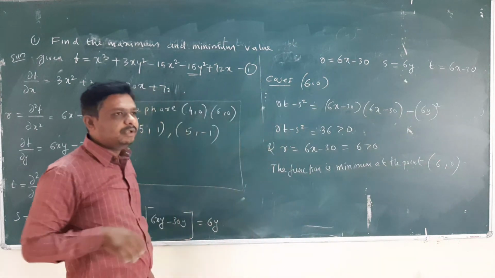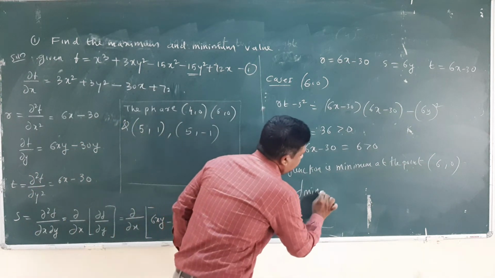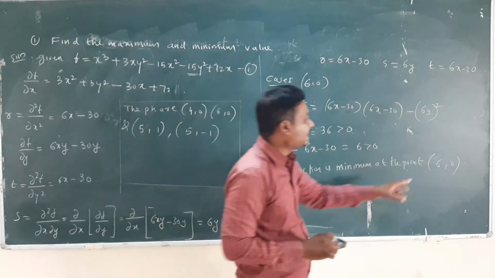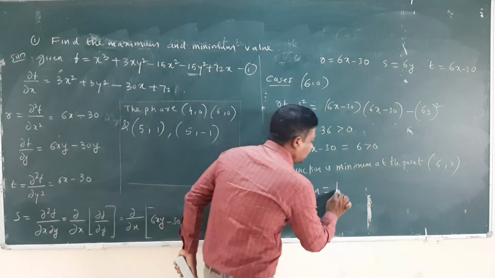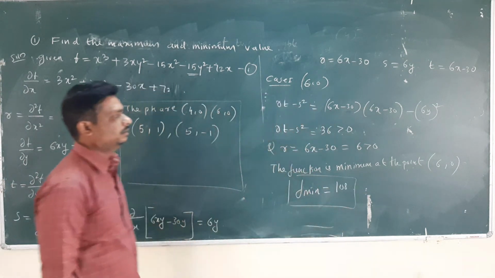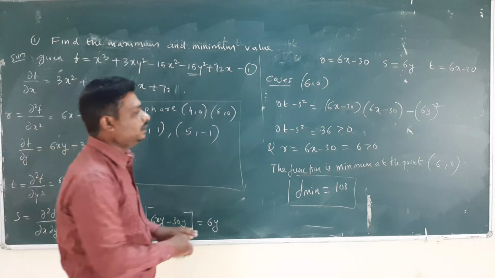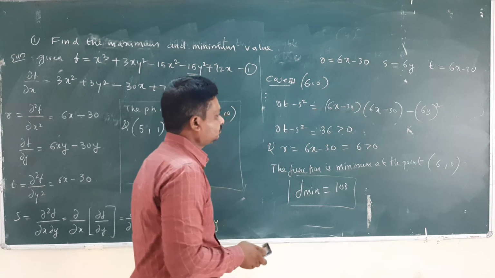If the function is minimum, then you have to find the minimum value, f minimum. So for that, again we have to put this point in equation number 1. After substituting I will get the value as 108. So let us see the next case, that is case number 3.